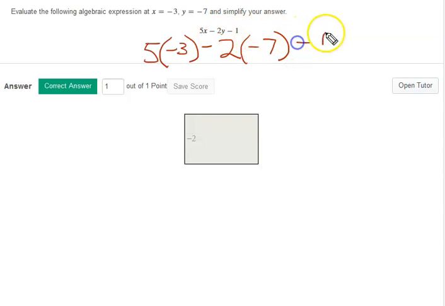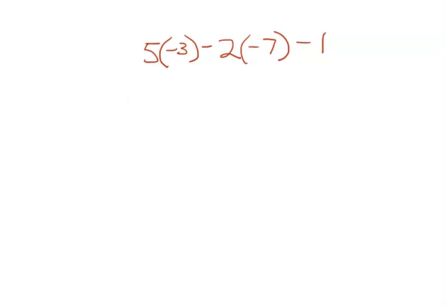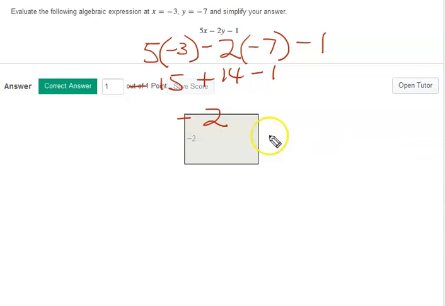And then a negative 1. So here, this is a negative 15. This is a positive 14, negative times negative, and a negative 1. So this is a negative 16, combining all your negatives. A positive 14 will end up with a negative 2. Let's see how it works out. Perfect.